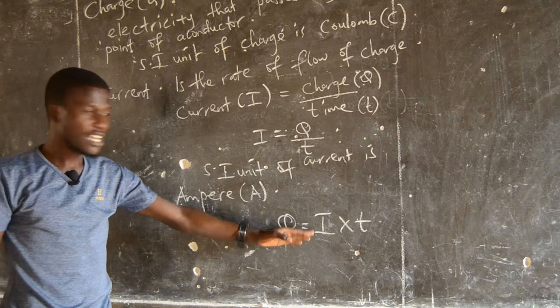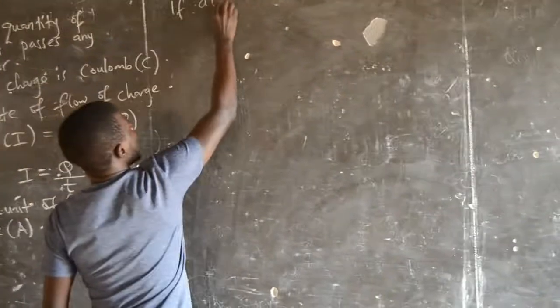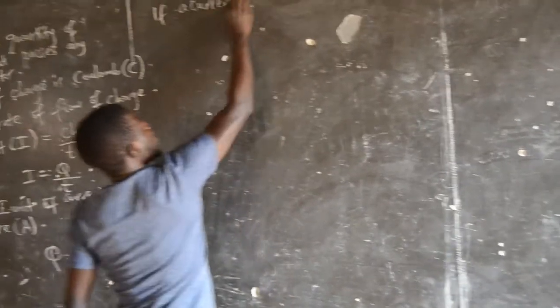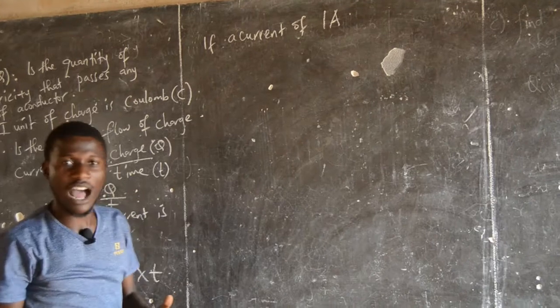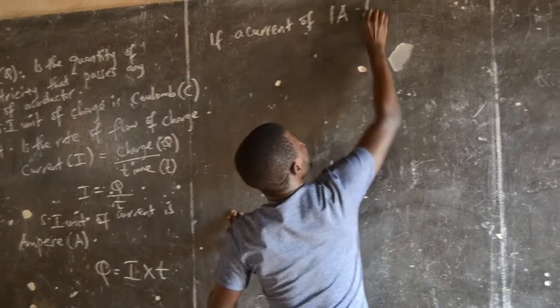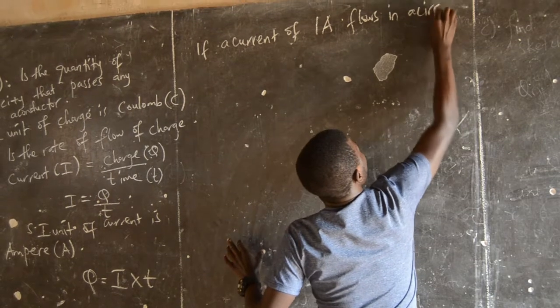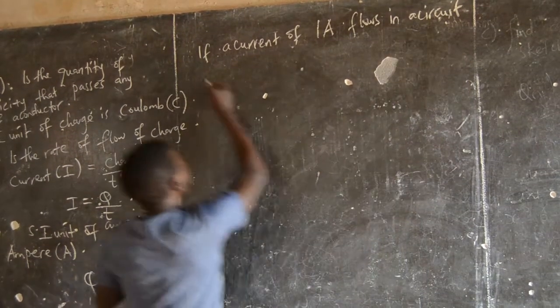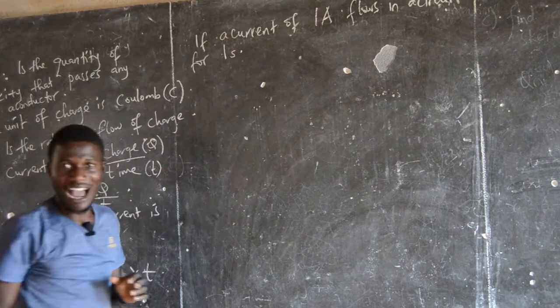If a current of 1 ampere, remember the SI unit of current is amperes, flows in a circuit for 1 second. Are we there?